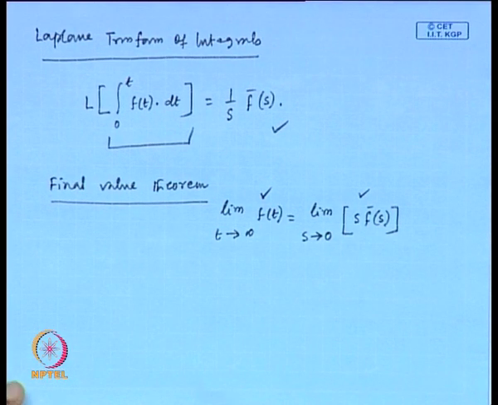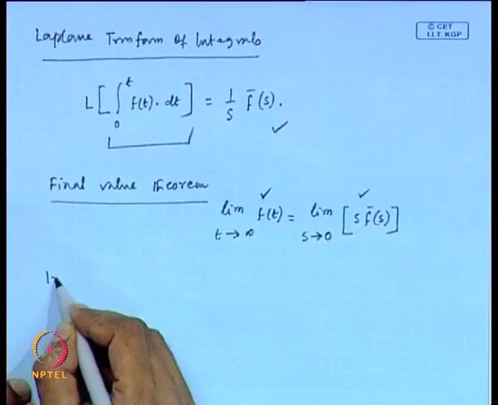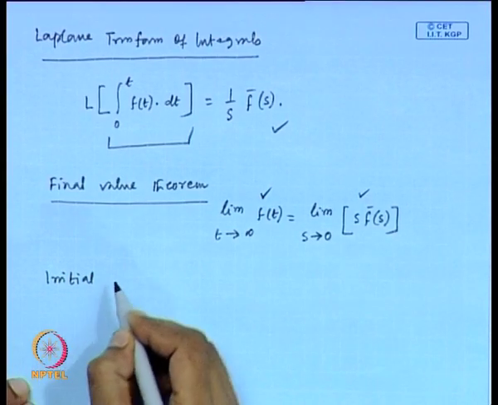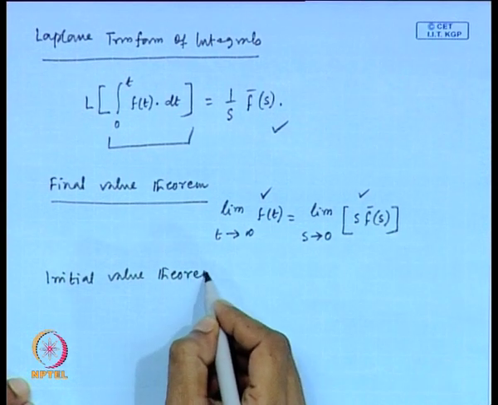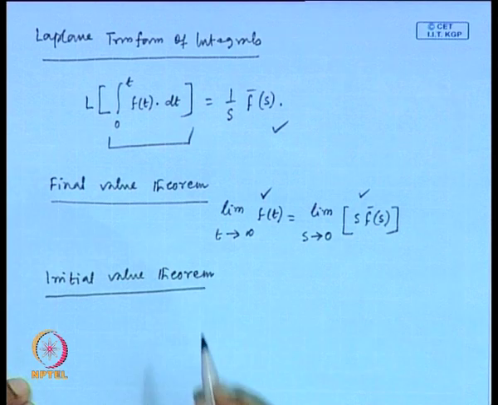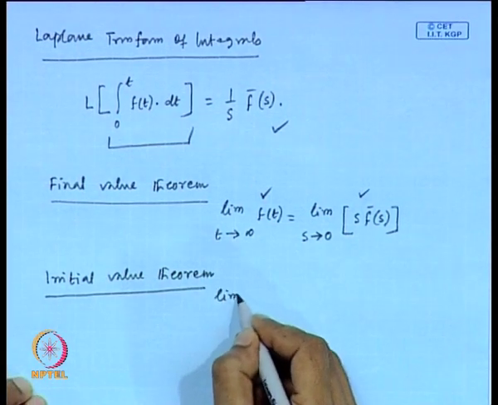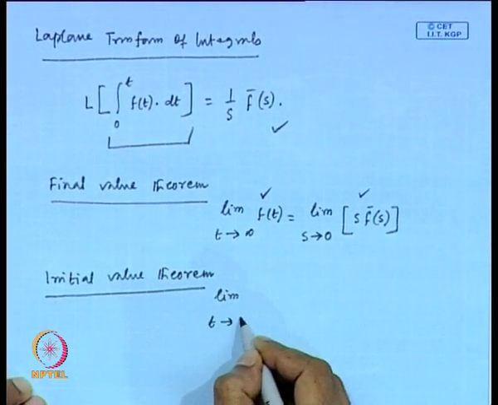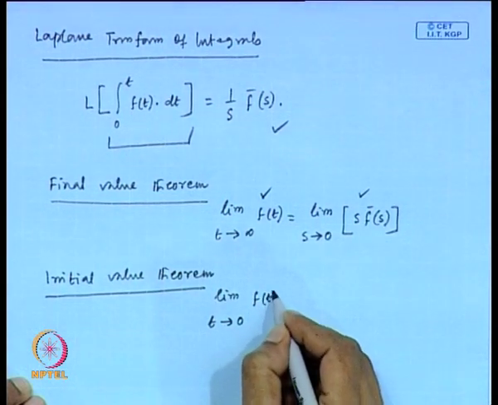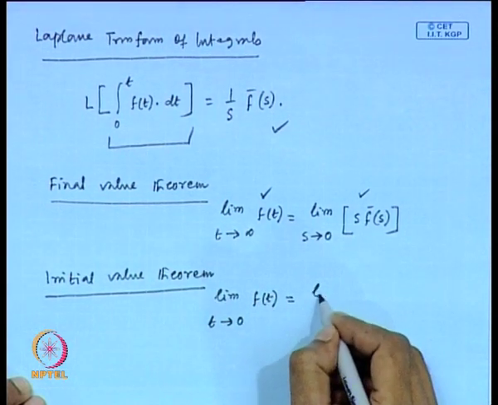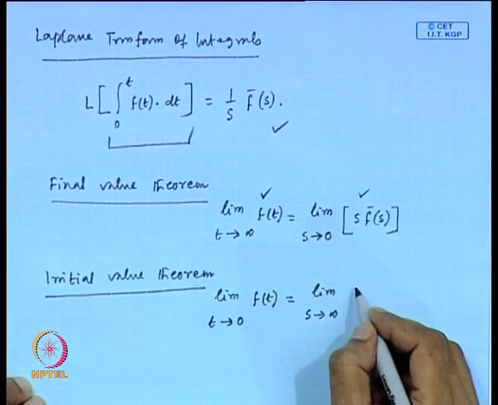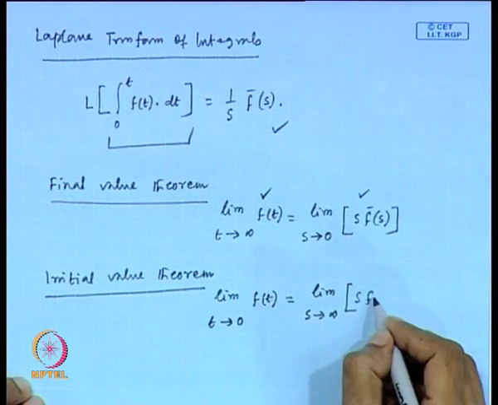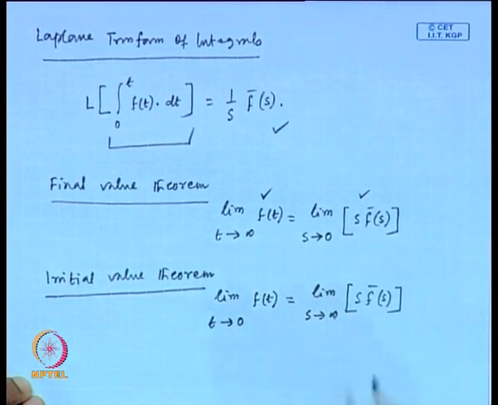Another one is the initial value theorem. The initial value theorem is the limit t tends to 0 of f(t) equals the limit s tends to infinity of s F bar(s).